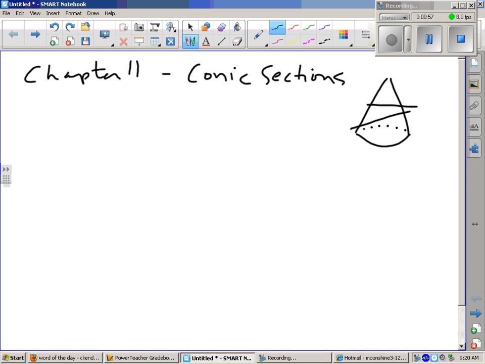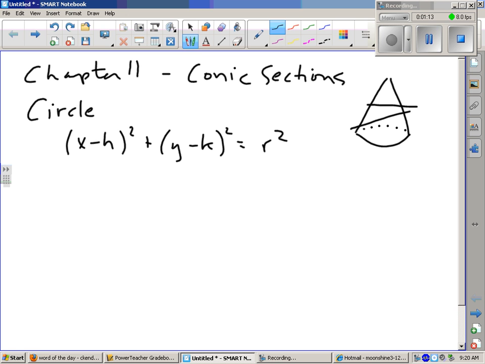So the first conic section we are going to talk about is the most popular, the circle. The formula goes something like this: (x minus h) squared plus (y minus k) squared equals r squared. Now this h and k is the center of the circle, where r is the radius.